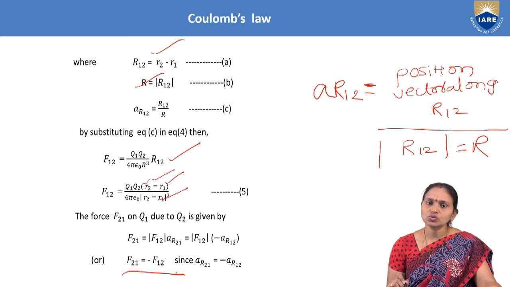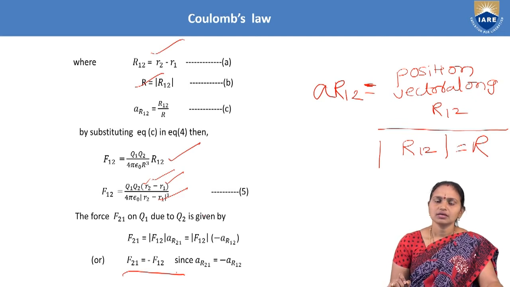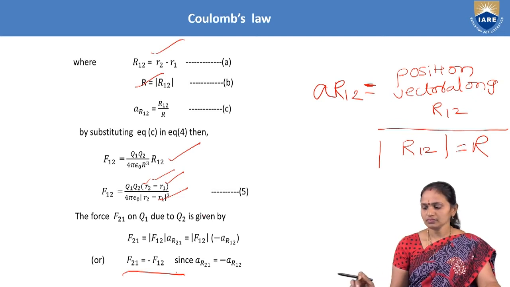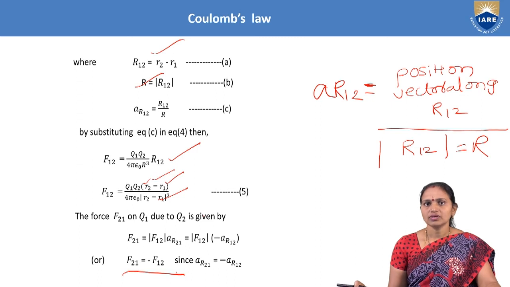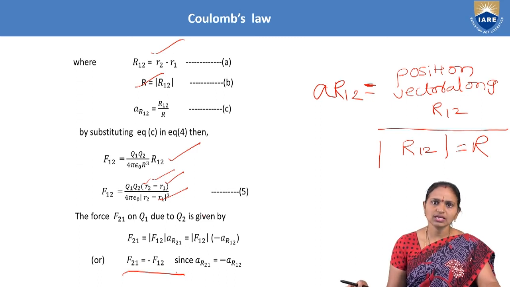Here charge 2 is the source charge, and the destination charge, or the field charge, is Q1. So in this way we can calculate the force on Q1 due to Q2. Similarly, the force on Q2 due to Q1 in vector form.